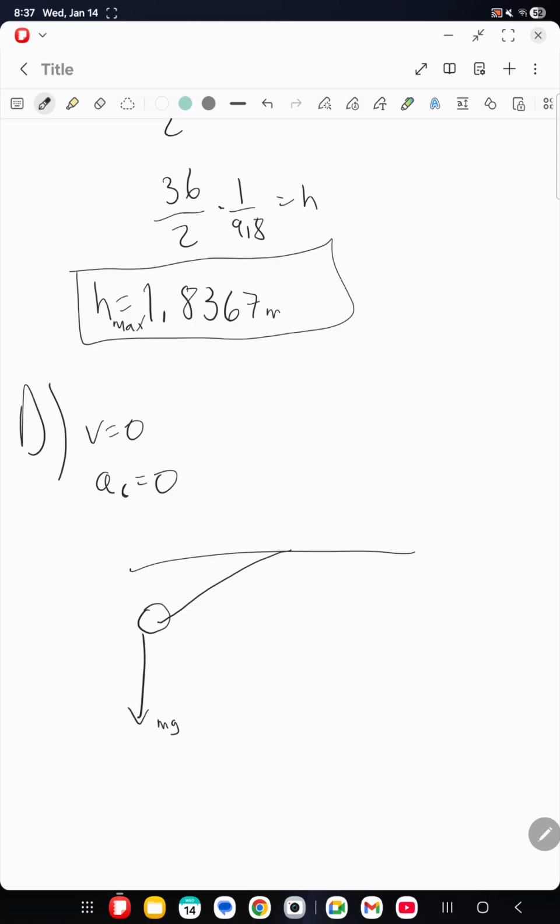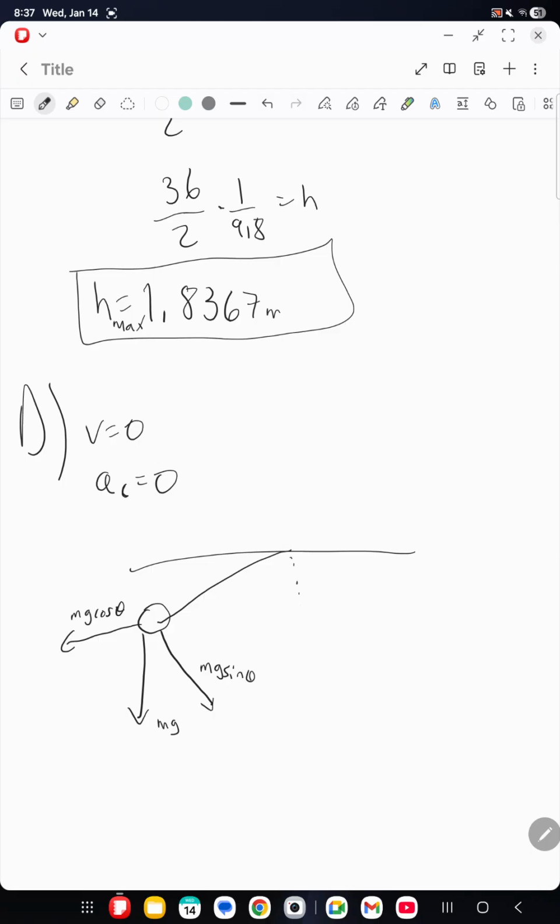But at angle theta, there'll be a radial component of mg cos theta, which is along the rope. So mg cos theta will be along the rope, and mg sin theta will be across the arc.